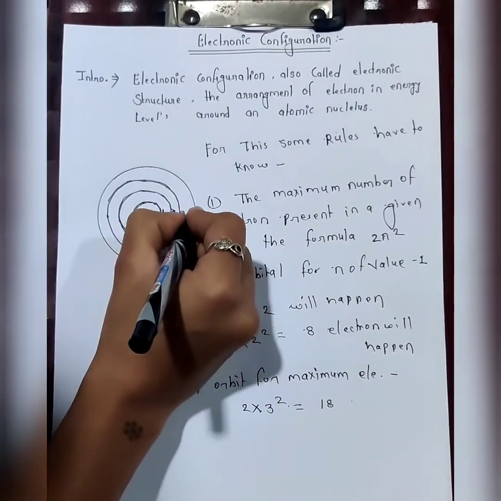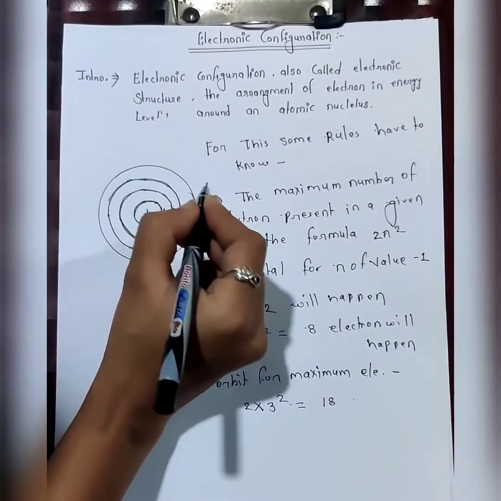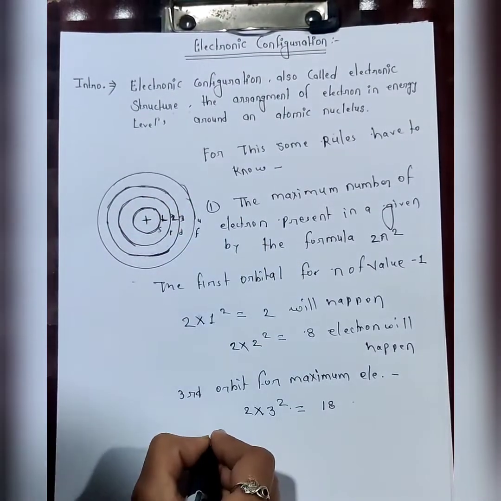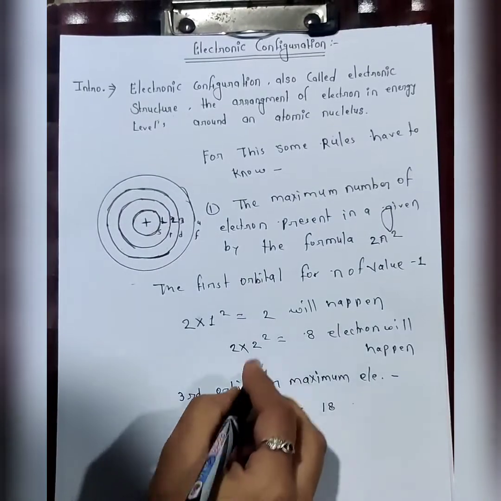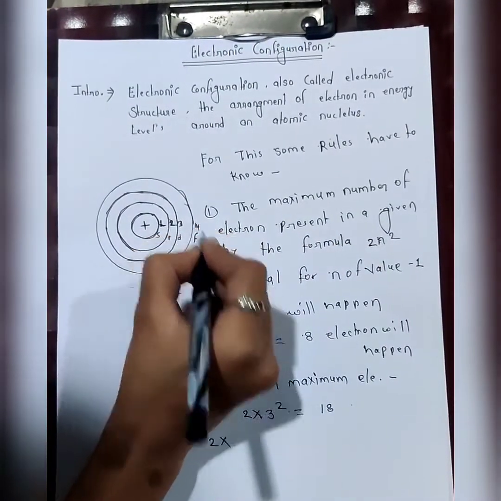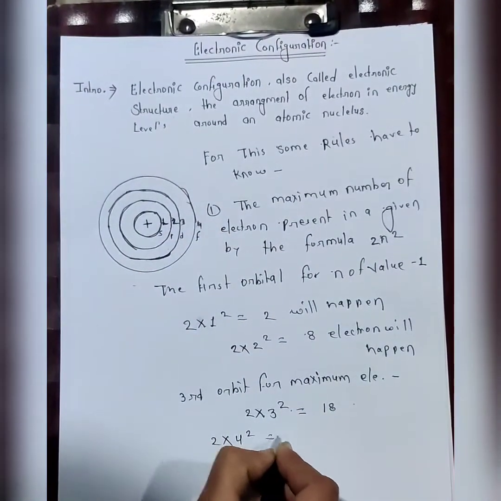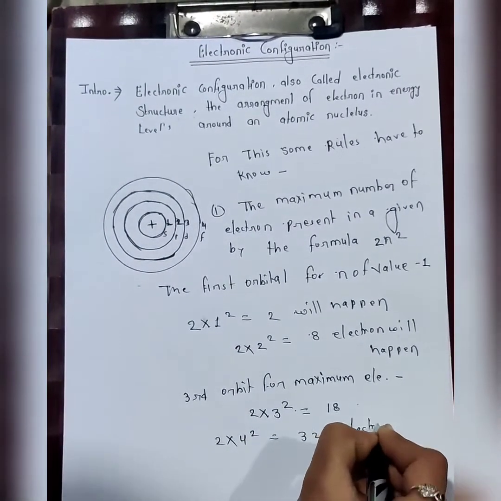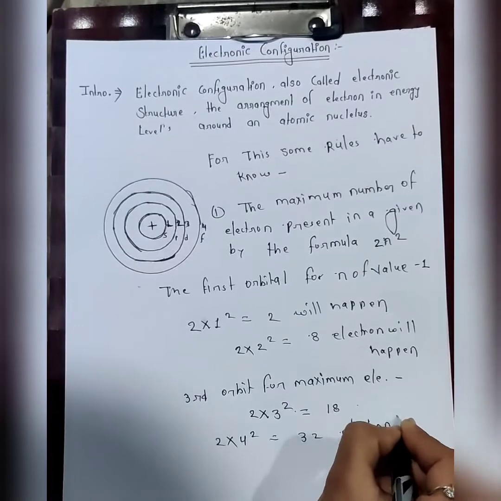And the fourth orbit for maximum electrons is 2 into n of value 4 square, which is equal to 32 electrons.